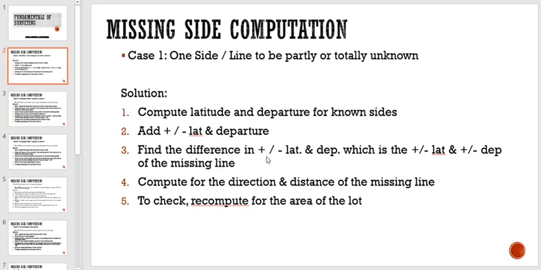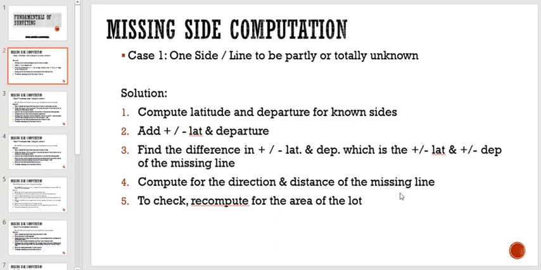Then find the difference in the latitude, positive or negative, and the departure, positive or negative, of the missing line. Then compute for the direction and distance of the missing line. We have the formula, di ba?